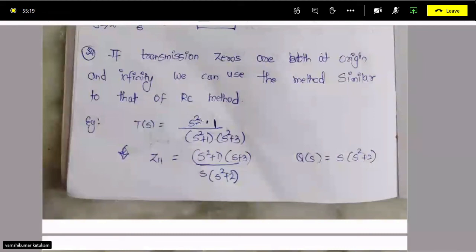And in this module, after two-port functions, there is only one topic, that is minimum phase networks, and it's a very small topic. It will hardly take one class, not even one class. You will be studying minimum phase networks in your control systems as well. So within the next class we will be finishing our fourth module. That's all for today's class.